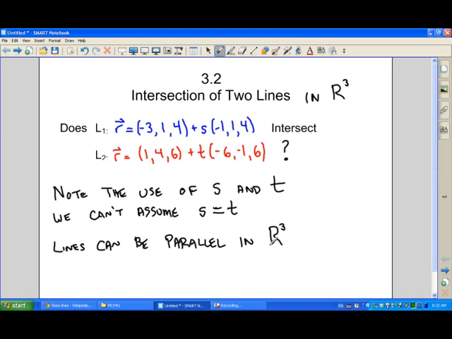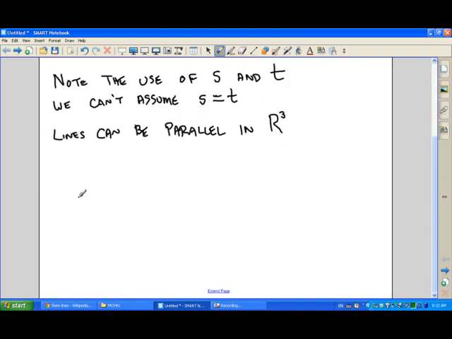I can have 2 lines in 3 dimensions that are parallel to each other. So I need to, first things first, check the direction vectors.